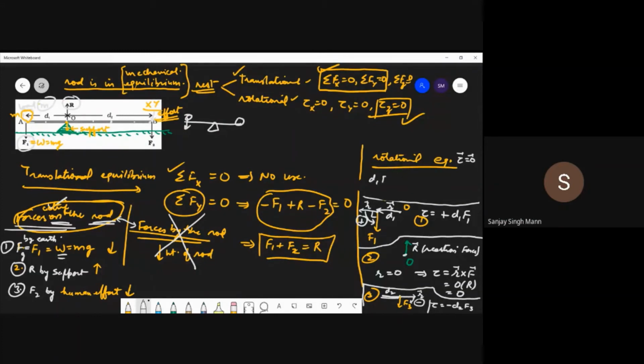D1F1 plus this torque is already 0 due to R, and this is minus D2F. This is not 3, this is 2. Students, why don't you speak? Use D2F2. Help me out if there is anything wrong. So that's 0. So what do I get from here? D1F1 is equal to D2F2. Okay?